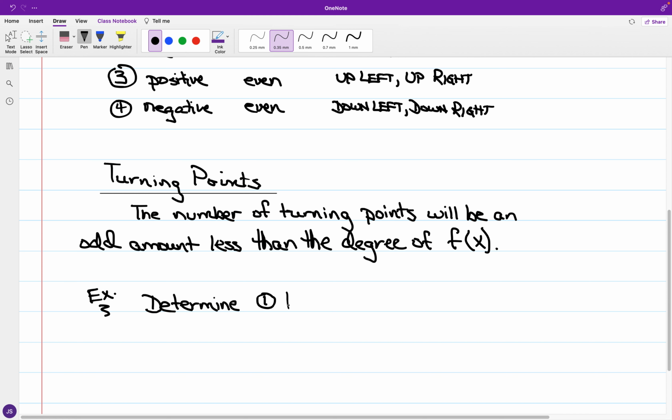First of all, we are looking for the number of turning points, and the end behavior.